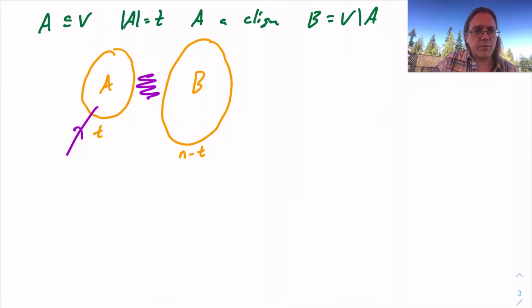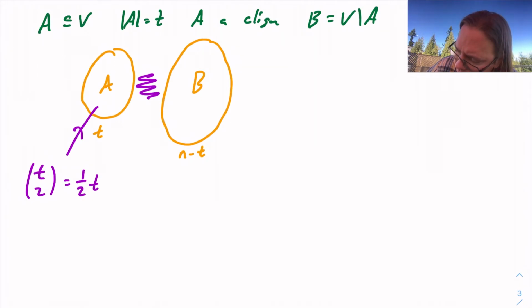You have edges joining every pair of vertices in there, and I have t vertices in there, so I have t choose 2 edges in there, and that's equal to 1/2 times t times (t minus 1). Okay, so that's pretty good. So I have an easy bound on the number of edges with both ends in A.